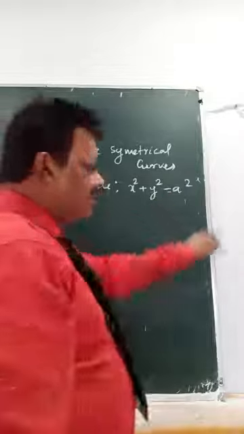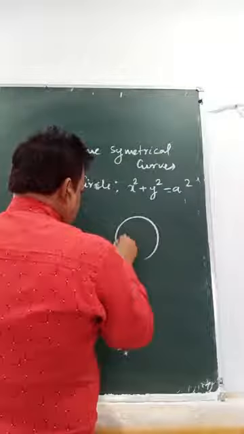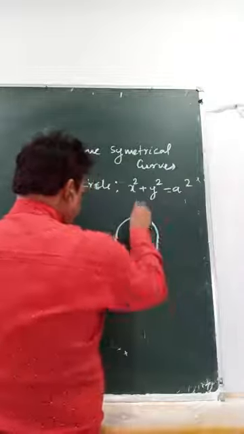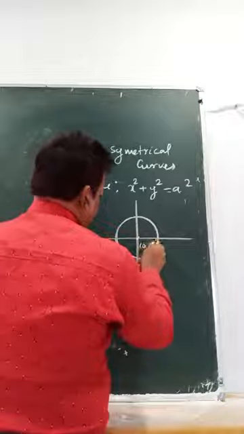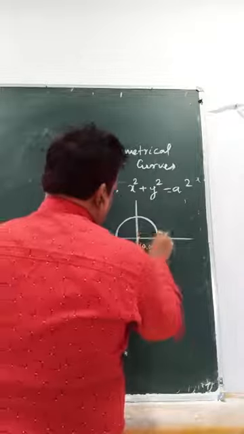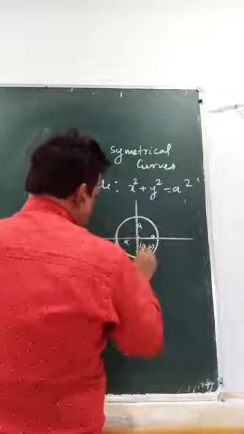What is the shape of this circle? You have to remember, you studied in class 11. This is a circle whose center is the origin, radius is a. That means this is a, this is a, this is also a, this is also a.